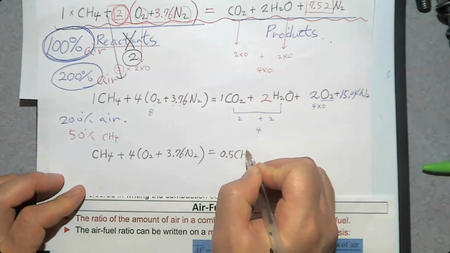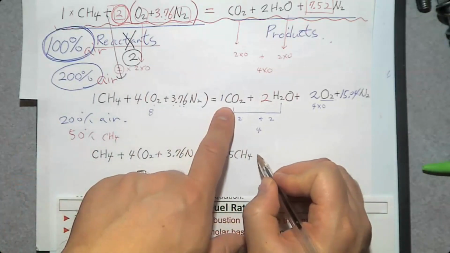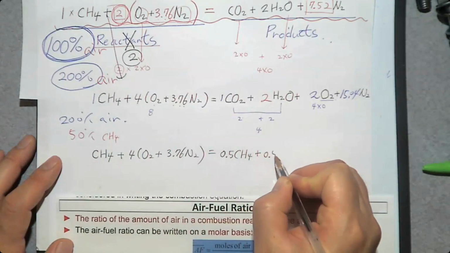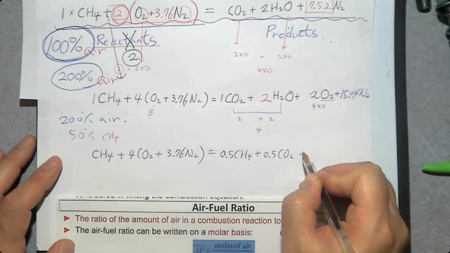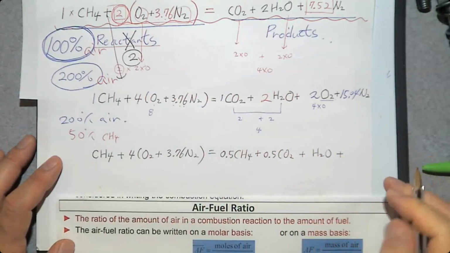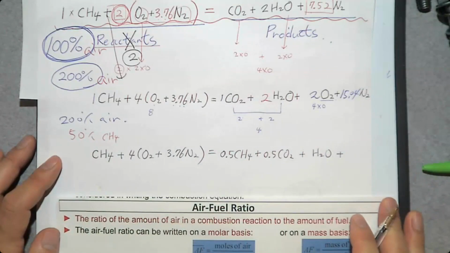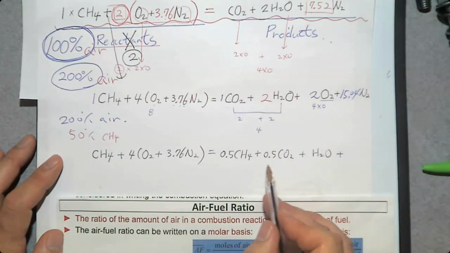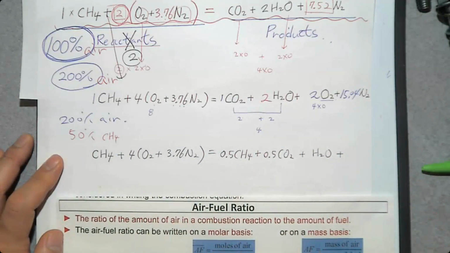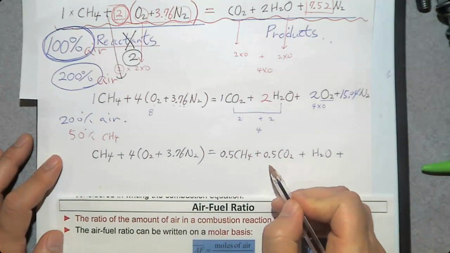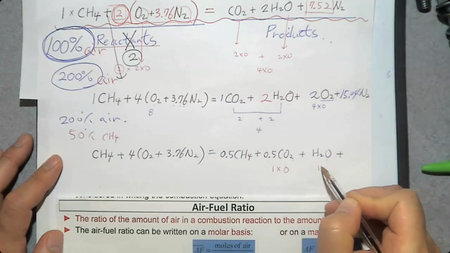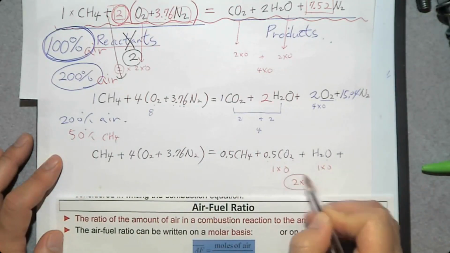0.5 methane. And how many moles of carbon dioxide? Only the half, 0.5 CO2, plus H2O, plus. Now it's going to be complicated. So only half of them. Let's count the number of oxygens. We have 0.5 times 2, 1 oxygen. We have 1 oxygen. So we only have 2 oxygens here.